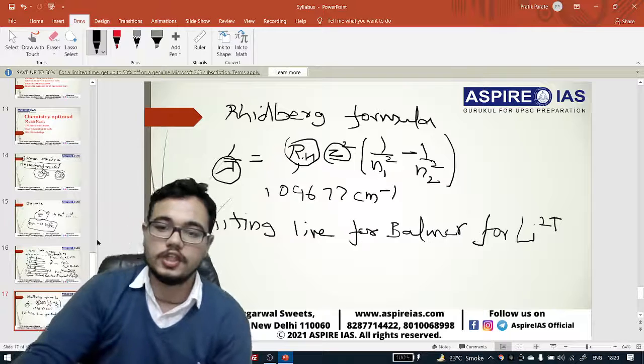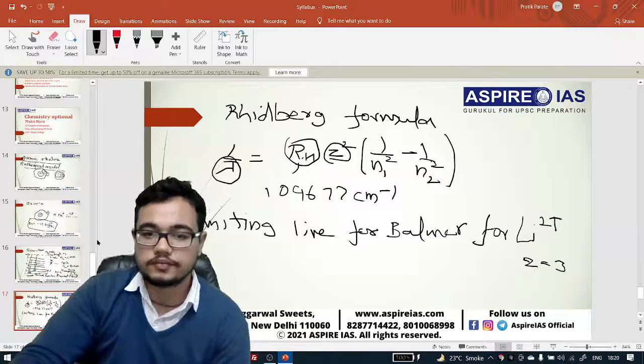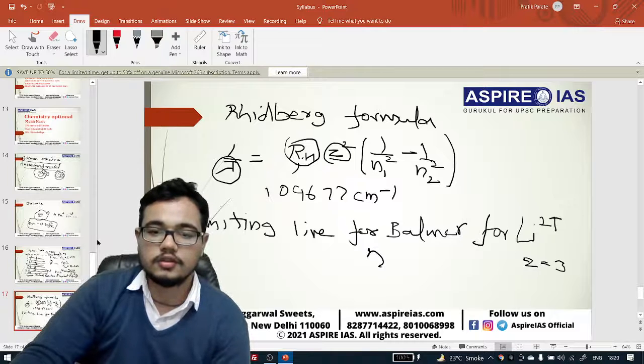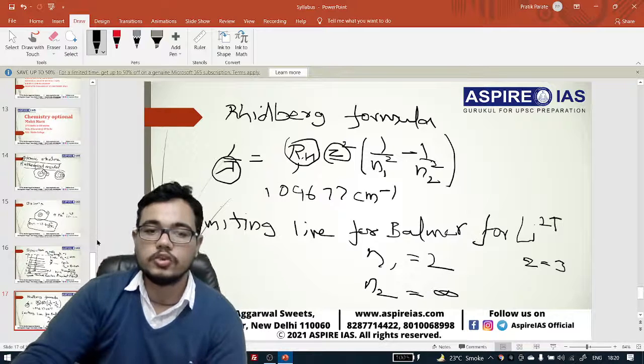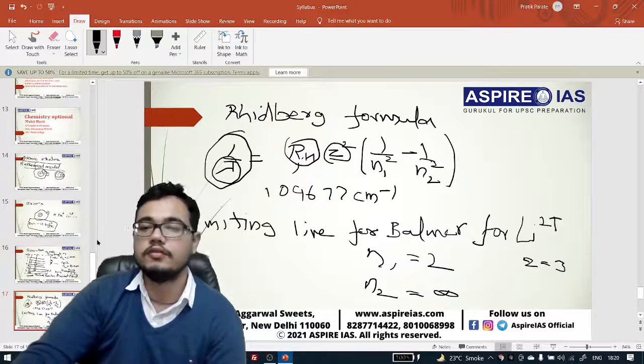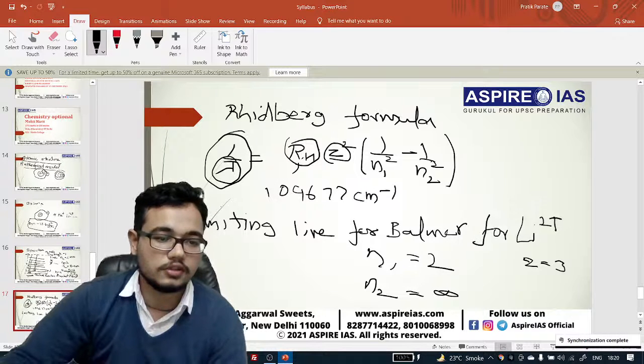Now here for Li, Z is 3, so you will be putting Z is equal to 3. N1 for Balmer series is 2, and N2 for limiting line is infinity. Upon putting this, we can easily calculate the value of wavelength. So this is simple things.